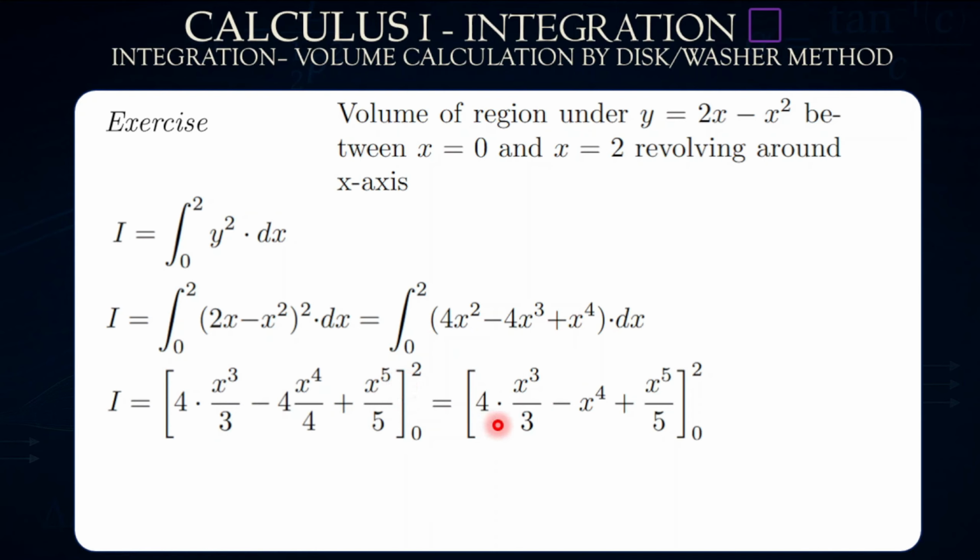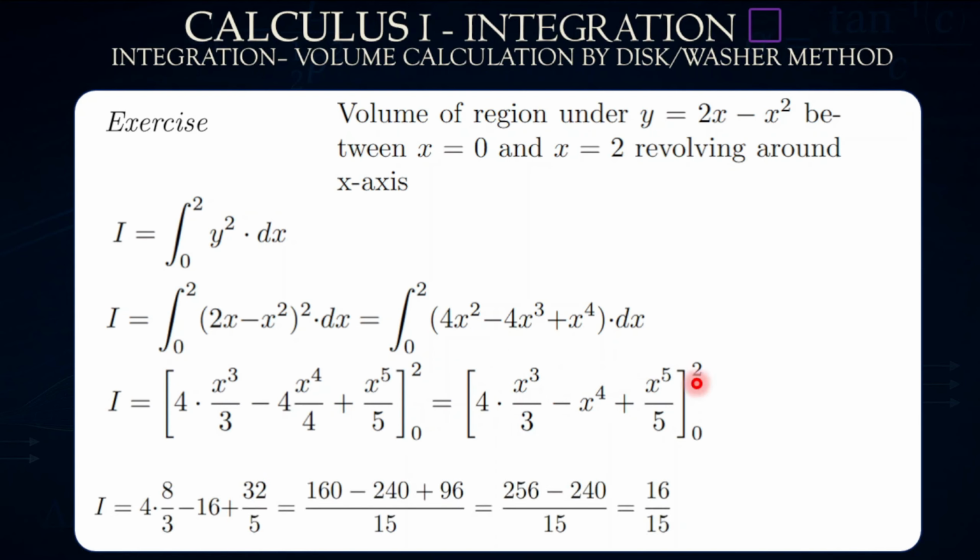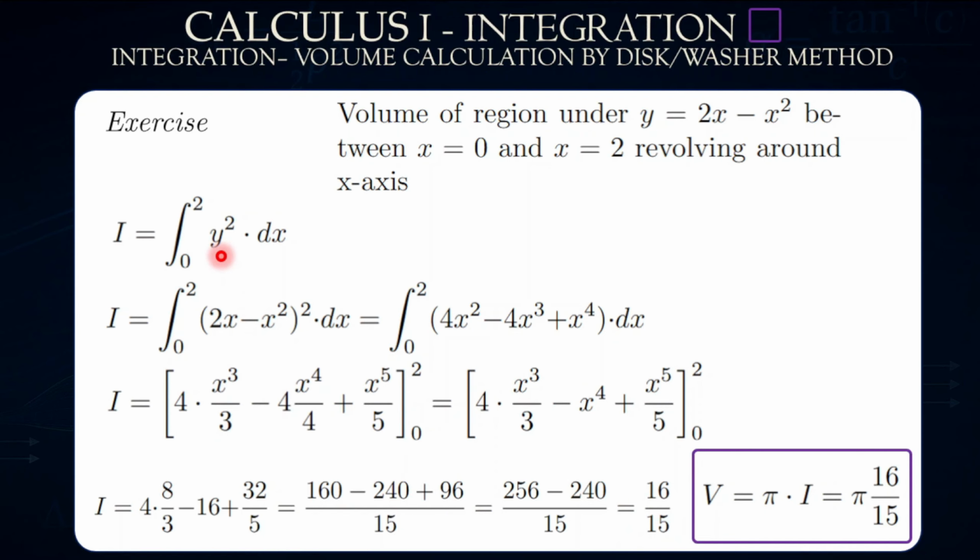This is equal to 4x cubed divided by 3 minus x to the fourth plus x to the fifth divided by 5 between 2 and 0, and you simply replace x by 2 because for 0 the entire thing is annihilated. So, replacing x by 2 and evaluating, you get eventually 16 divided by 15. Then the volume is equal to pi multiplied by the integral, pi multiplied by I, which is equal to pi times 16 over 15. That's the volume of the solid.